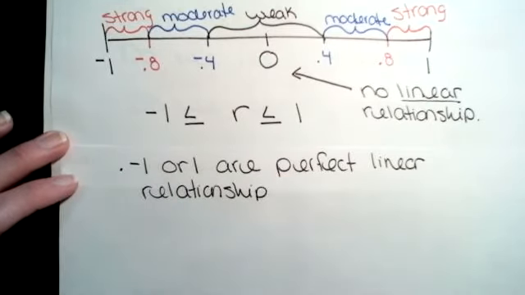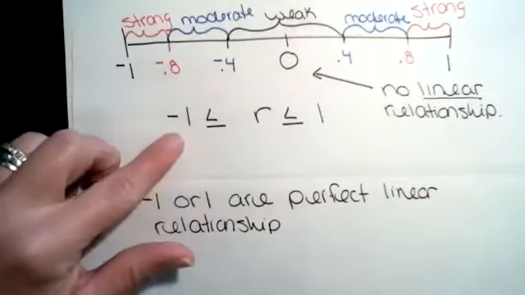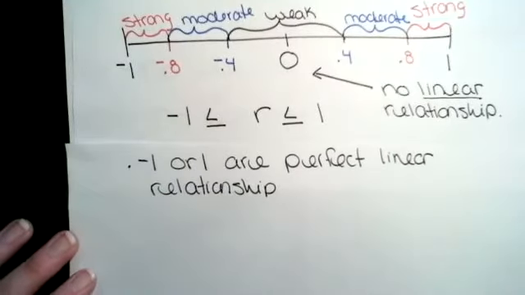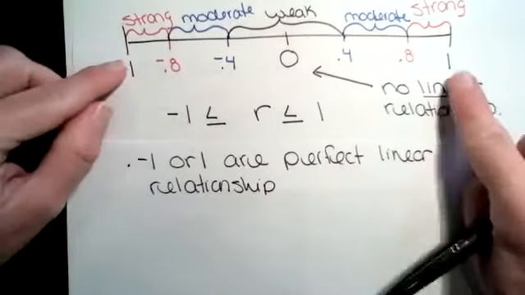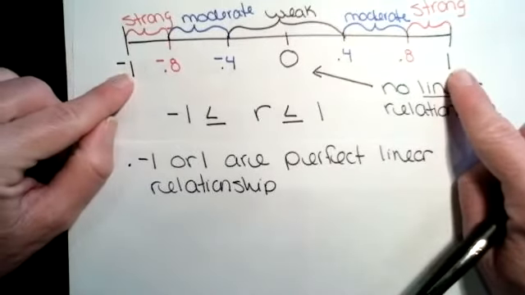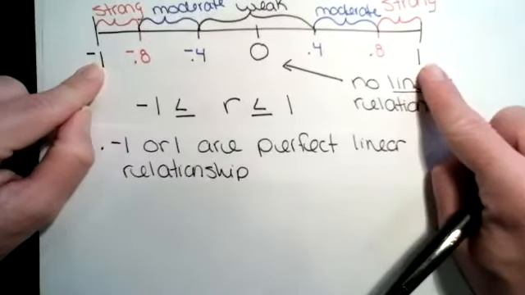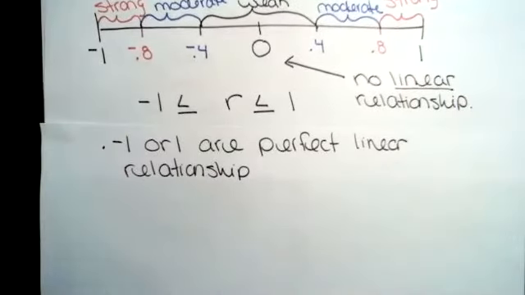Yes. Would it always be on the scale of -1 to 1? Yes. That's what I was writing right here. It's only between -1 and 1. And if you're at the extremes, then that means it's a perfect linear relationship. So that means that your X and Y would line up in a perfect straight line.